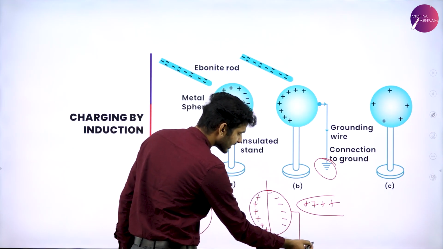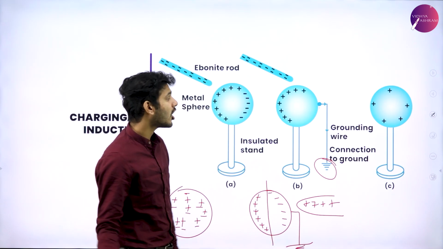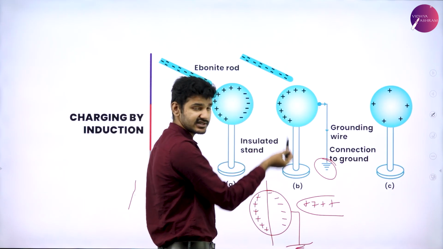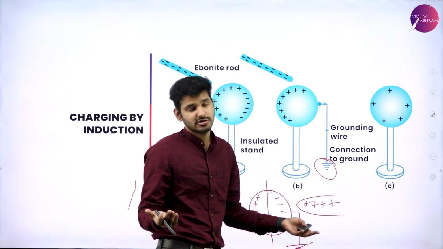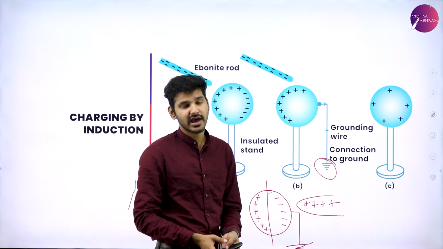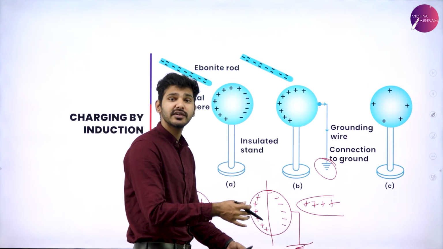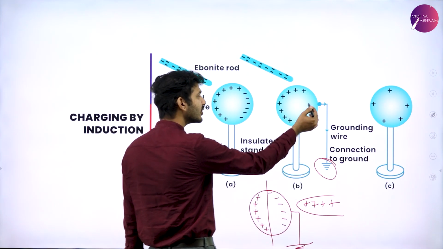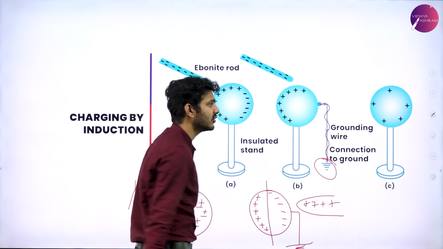What will happen when we connect it to the ground? All the excessive charges present here will run off to the ground, happy, because they want to be free and have a minimum state of energy. They want to find the positive charges, combine with them and neutralize each other. So all the negative charges will run down to the ground.